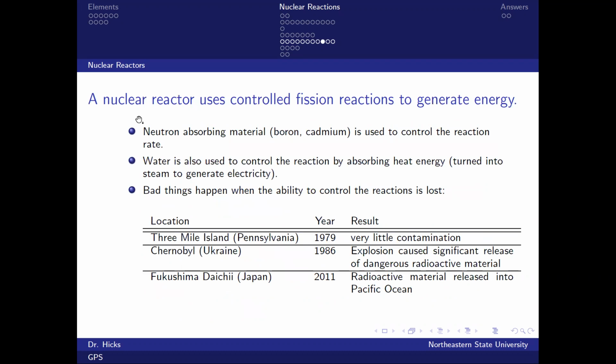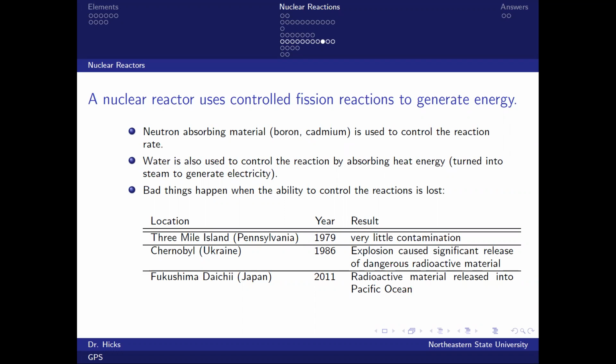On the other hand, a nuclear reactor uses a controlled fission process to generate energy. The way that they control it is they have some material like boron or cadmium that can absorb neutrons. Having too many neutrons is what's causing the reaction to go out of control.